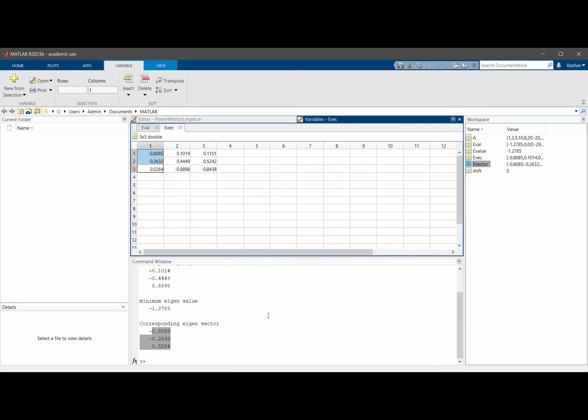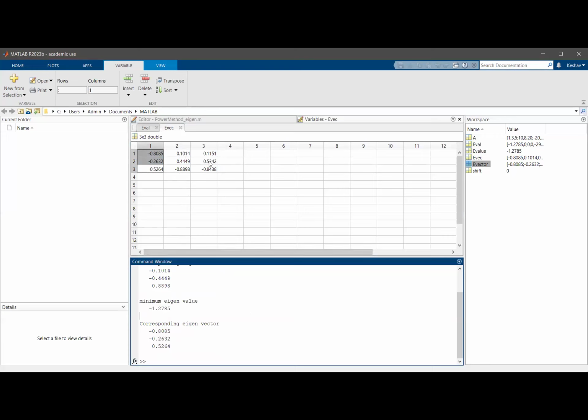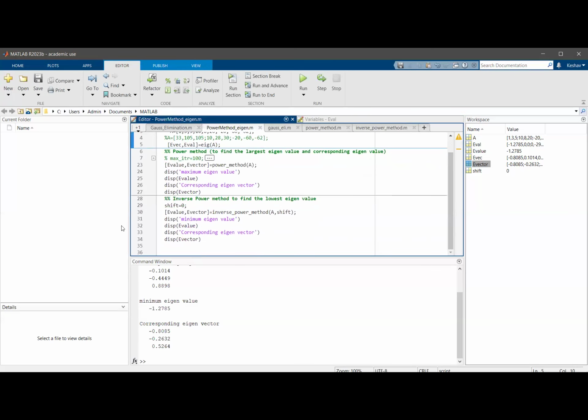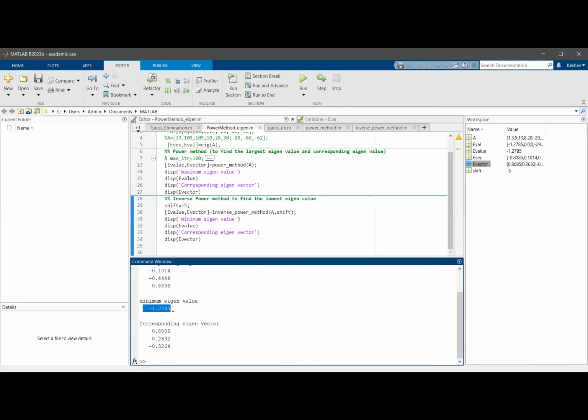Now I want to find the other eigenvector. So here, what is the eigenvalue? 22. So I need to get the 22 value, no? For that I need to change the shift value. So I have changed it to -5, suppose. Now if I run it, I am still getting the same eigenvalue and eigenvector.